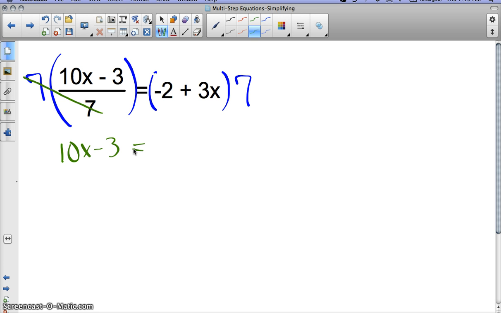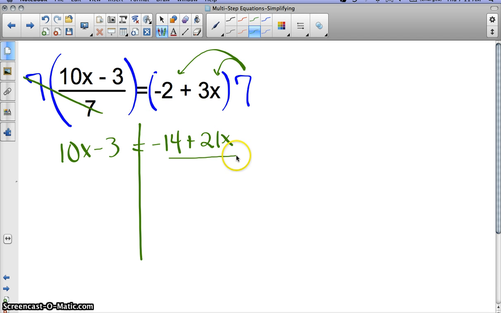And over on the right side, now we have some distributive property. We have to distribute to both pieces. So 7 times negative 2 gives me a negative 14. 7 times 3x gives me a 21x. Throw out our t-chart.